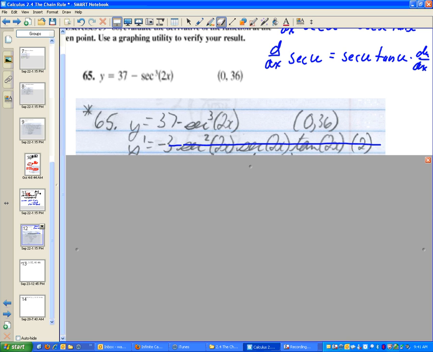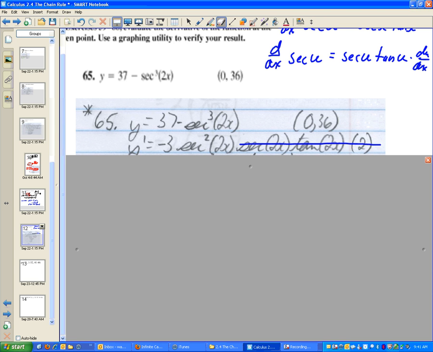Now, isn't that u to the n, right? If u is the secant of 2x, that's u to the third, isn't it? The derivative of u to the third will be 3 times u, secant of 2x, subtract 1 from the exponent, 3 minus 1 is 2.